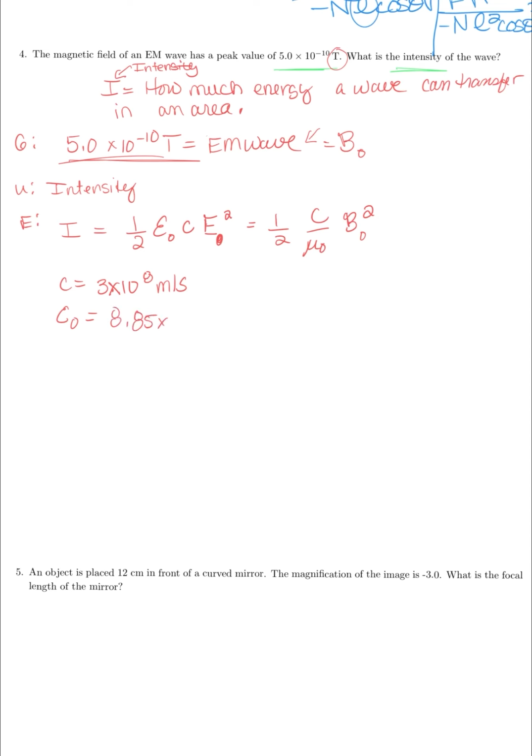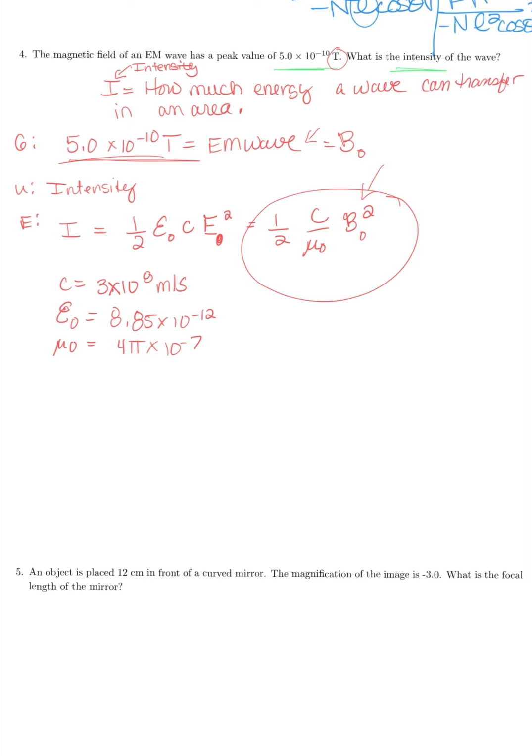These are just constants you should have written down on your equation sheet, or they'll be given to you on a test. And then we know mu naught is 4 pi times 10 to the minus 7. So you could just jump right in and fill this in here. But say for some reason you didn't remember it this way. I want to show you that you could do it another way.